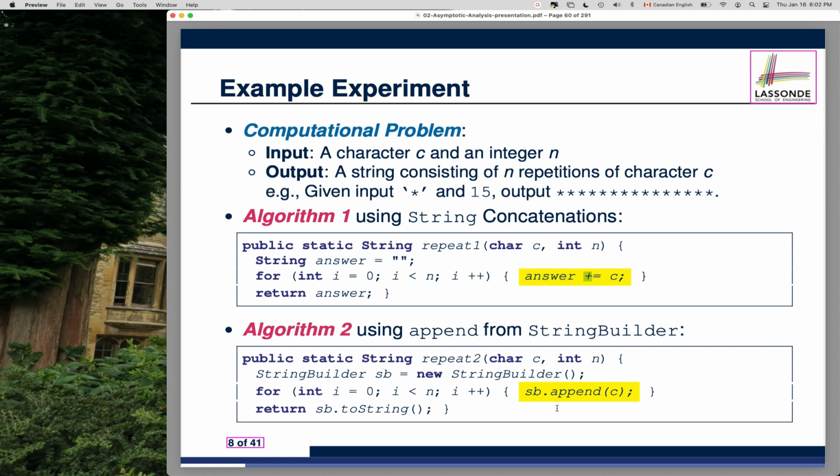On the other hand, here, in order to have another repetition, we call a method called append from a library class called StringBuilder. Other than the yellow highlights I just showed you, the structure of the 2 algorithms looks basically identical. Okay, just one more moment. You can take a guess which one is more efficient.